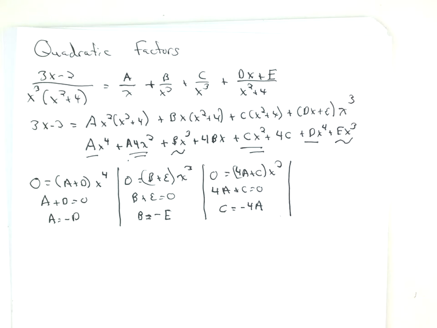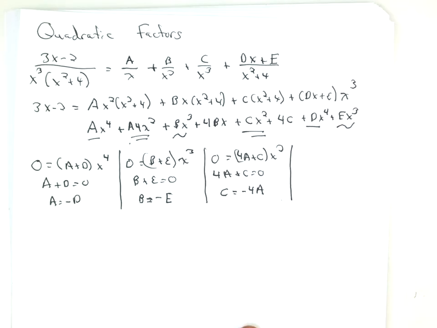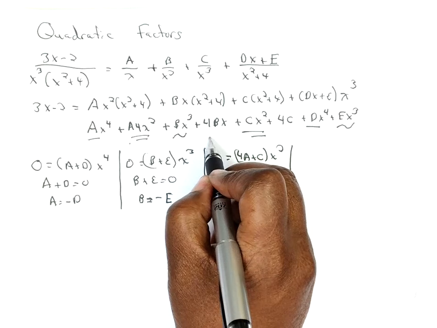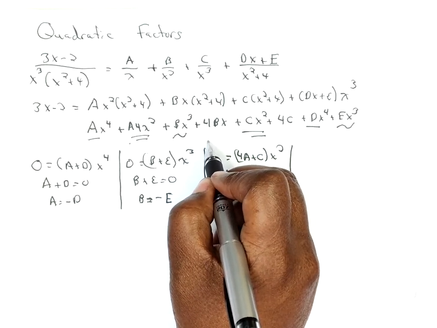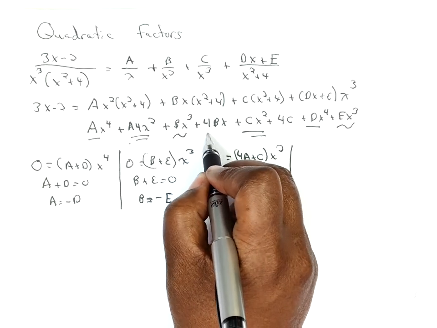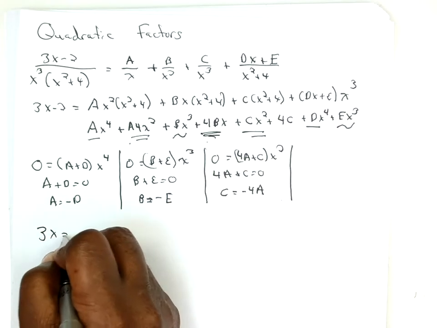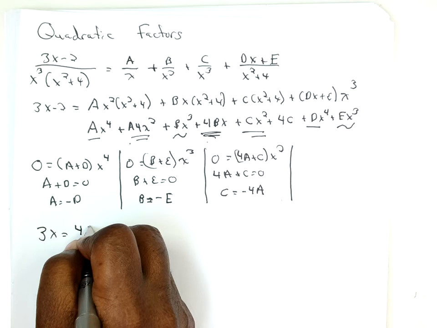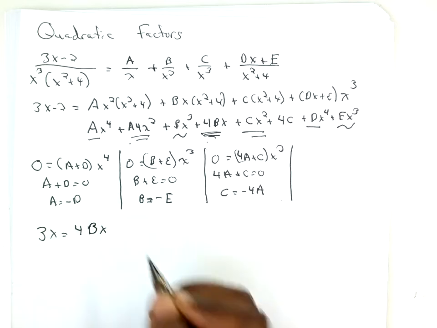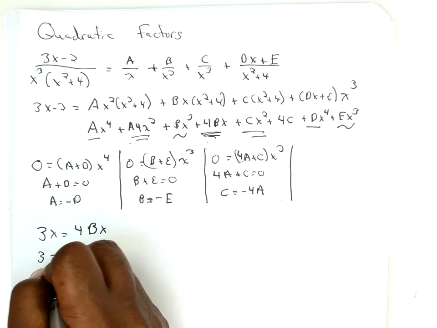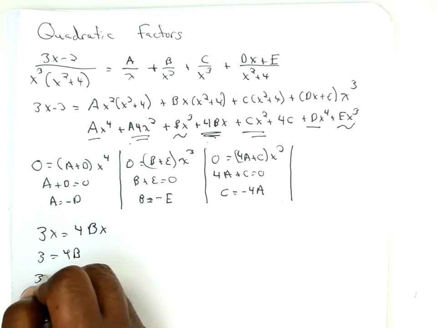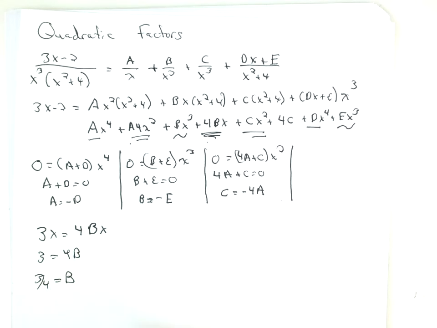And now I'm getting to some that I actually have coefficients for. So now I'm up to my x terms. So if I look at x, I have 4b. So 3x is equal to 4b x, which means 3 is 4b, so 3/4 is equal to b.